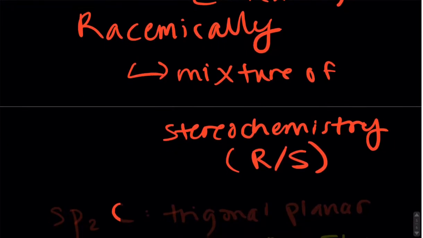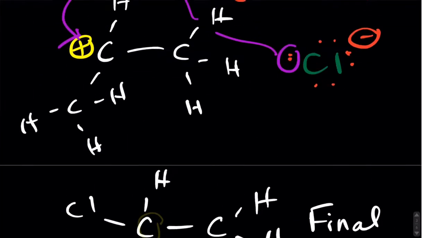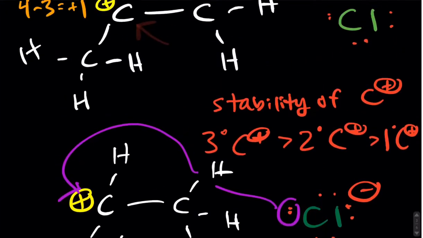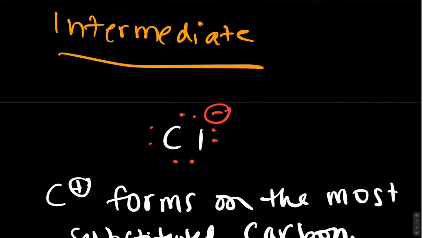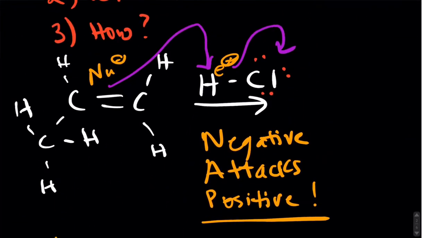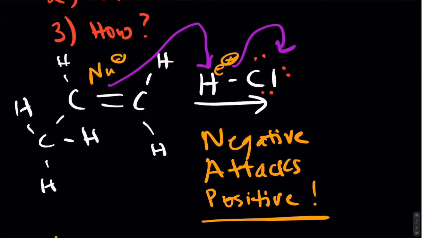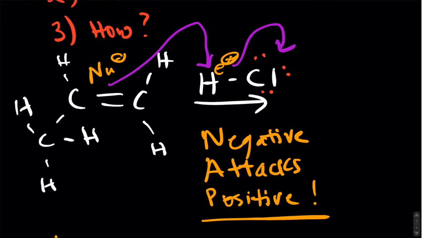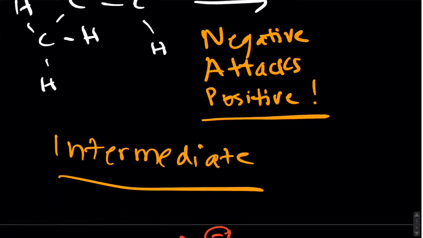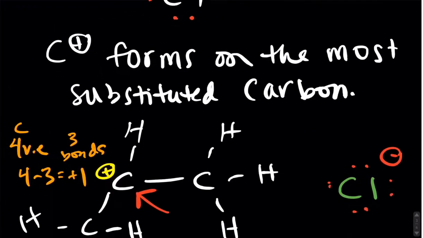So if we go back up, we notice right here, with our carbocation intermediate, what hybridization of carbon do we have?